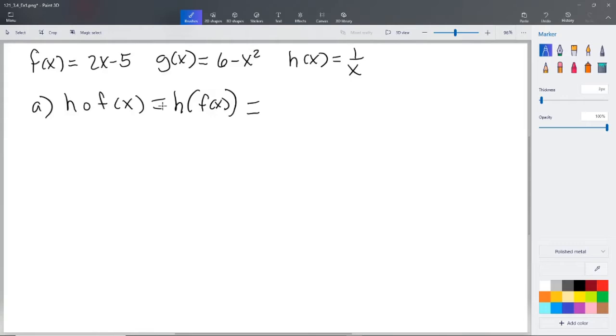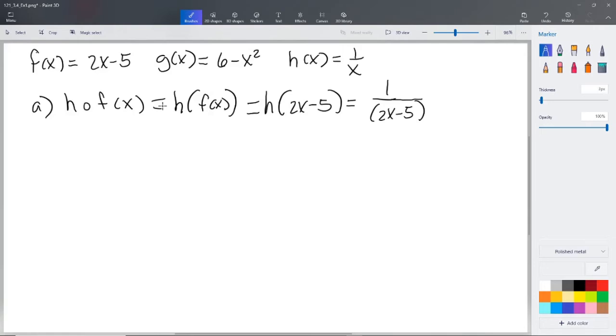So if we properly set this up, this is going to read h of 2x minus 5, because f of x is 2x minus 5. And then with that, we go into the h of x equation, which is 1 over x, and we say 1 over, it's no longer x anymore, that x is being replaced with 2x minus 5. And again, if we can simplify this in any way, shape, or form we'd want to, we cannot, and so we'd call this one good.